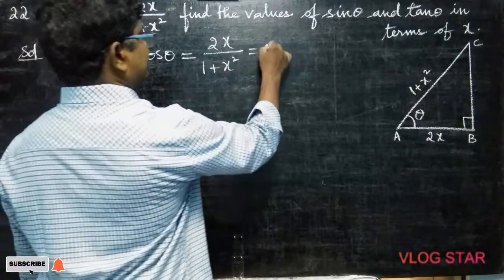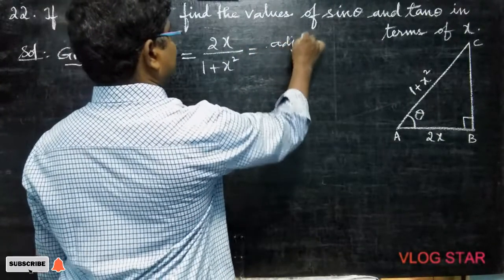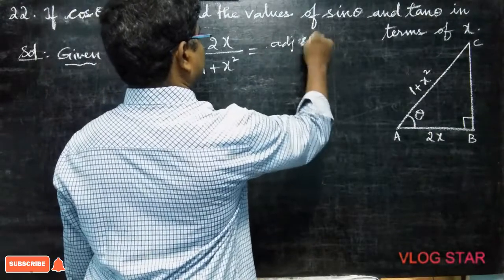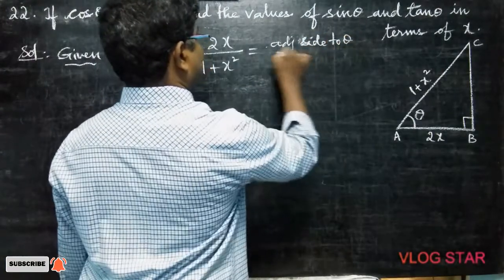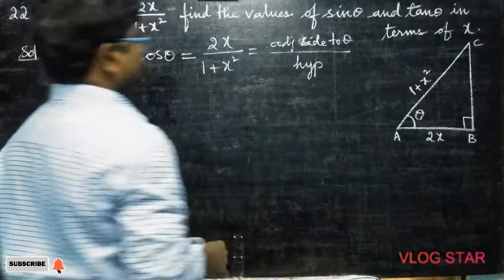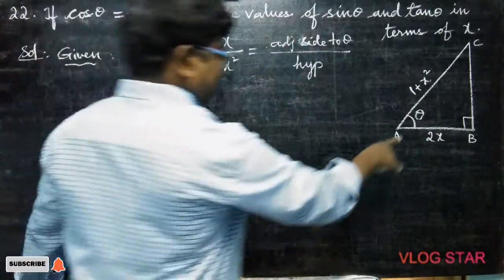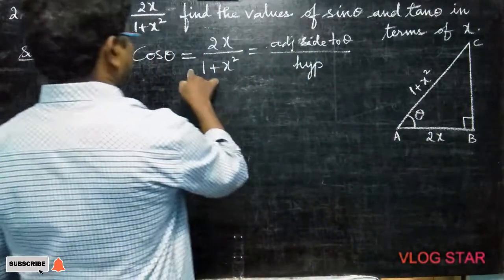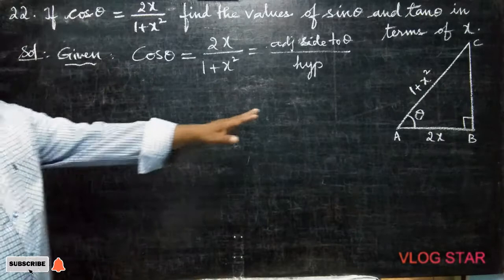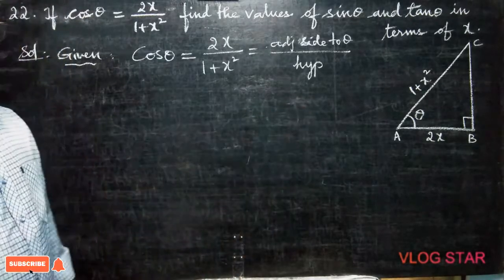What is cos theta? Adjacent side to theta by hypotenuse. Now adjacent side to theta is 2x and hypotenuse is 1 plus x square. Draw the figure and write like that.